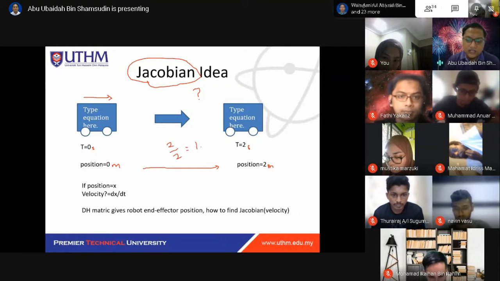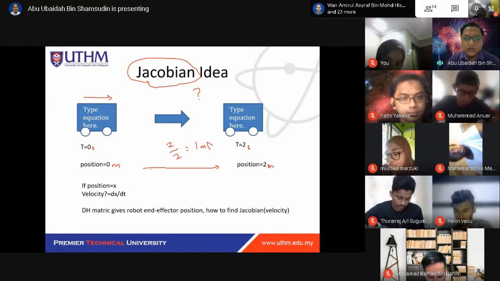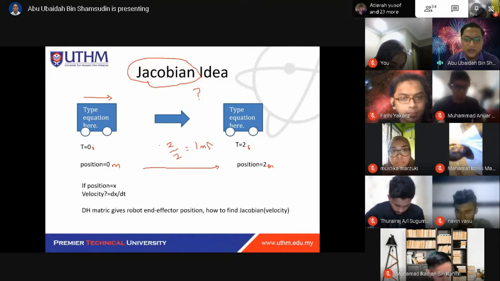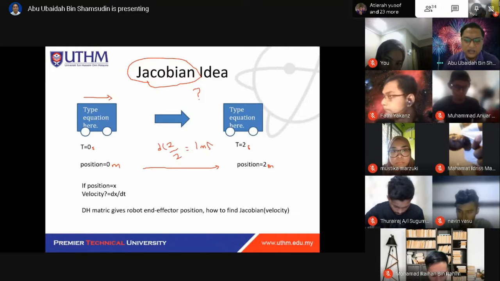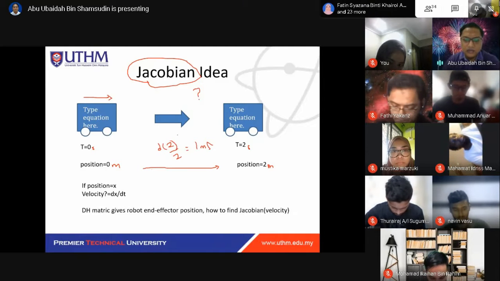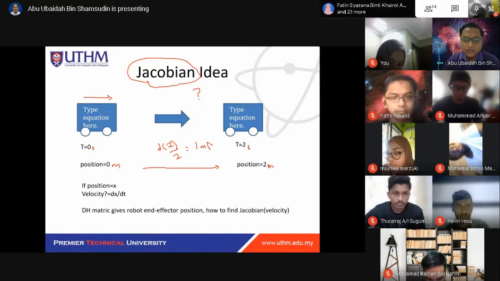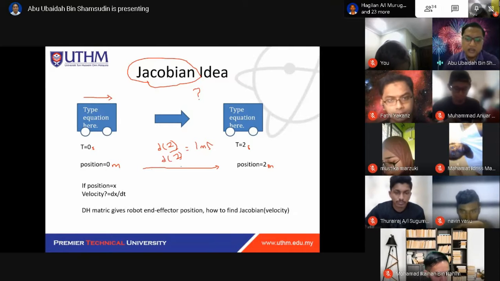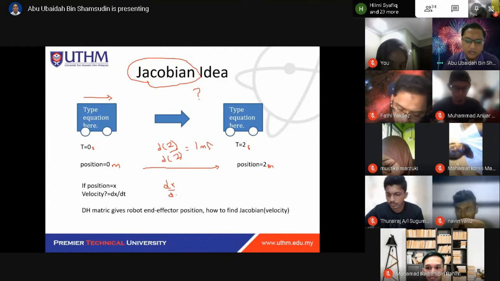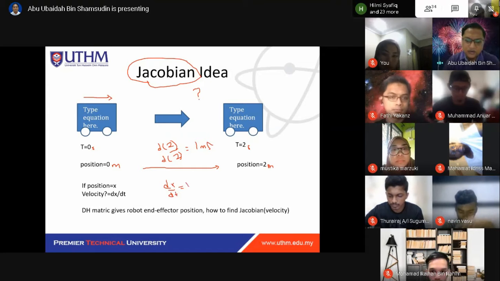So the speed is 1 meter per second. So what we do here, we need to find the dx, the change of position over time, dt. Okay, so dx per dt is equal to velocity.